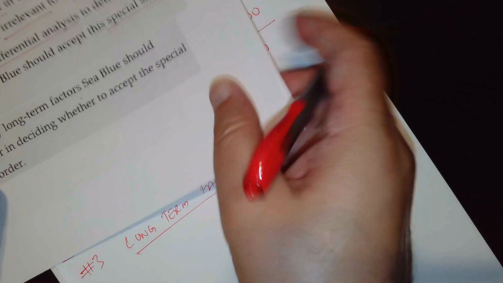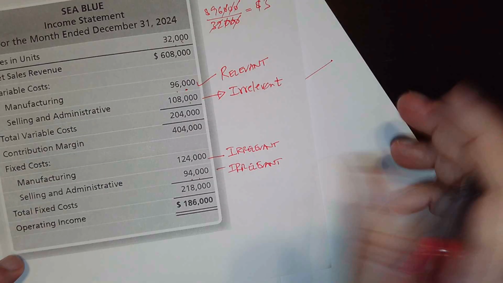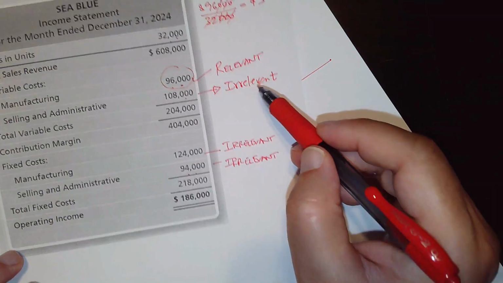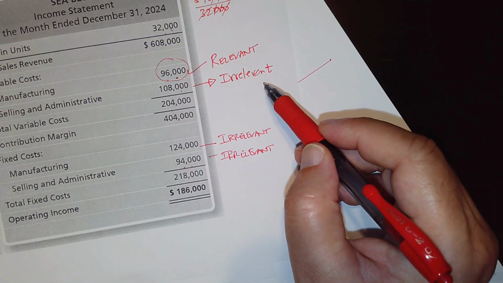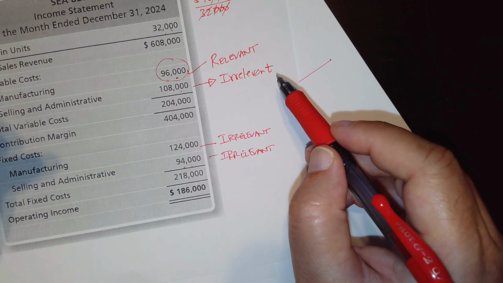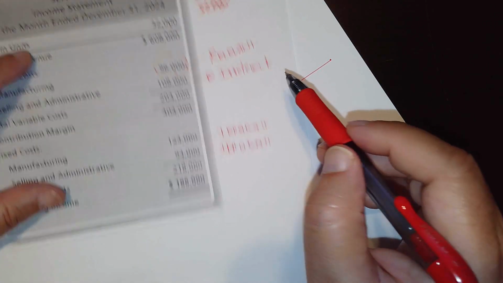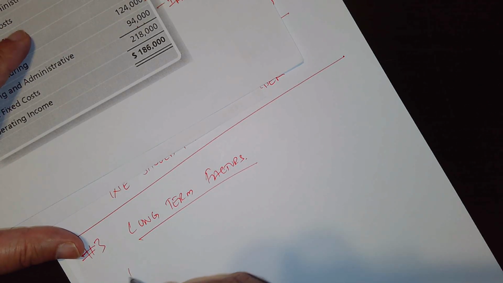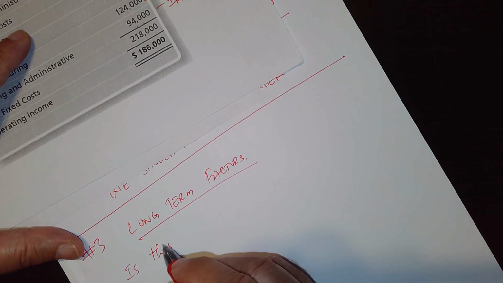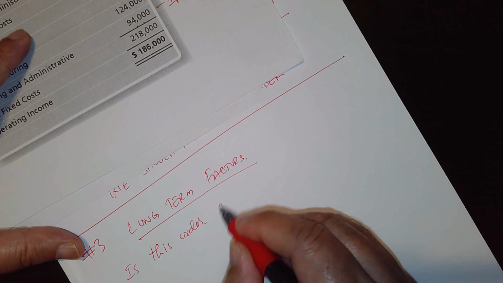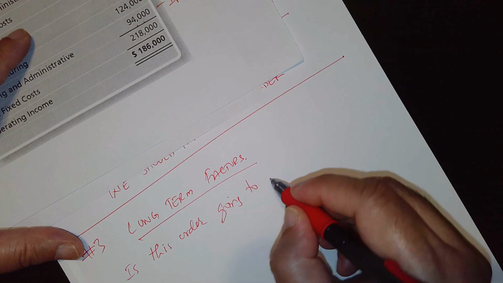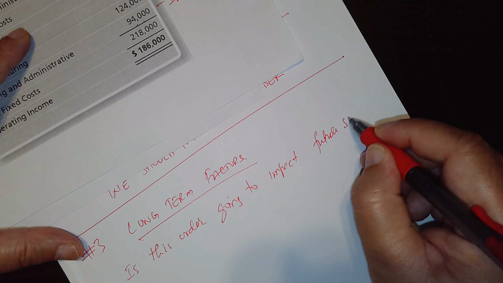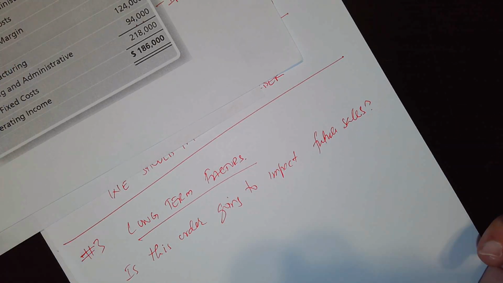We know that when it comes to financials, the only relevant information that we have is $96,000. So one of the things that we have to find out is whether this order is going to impact future sales. That's one thing we need to consider.